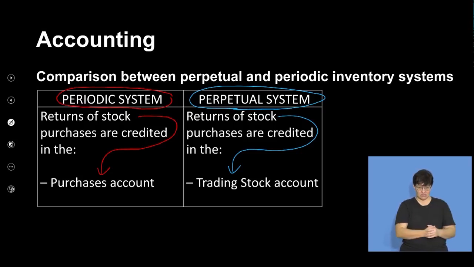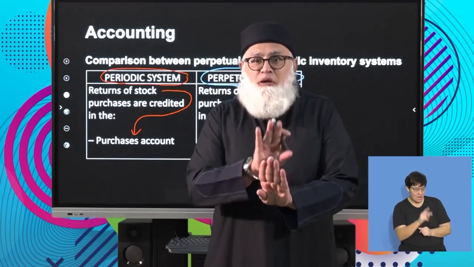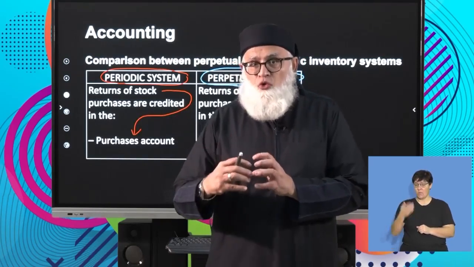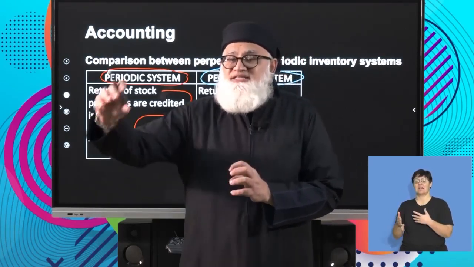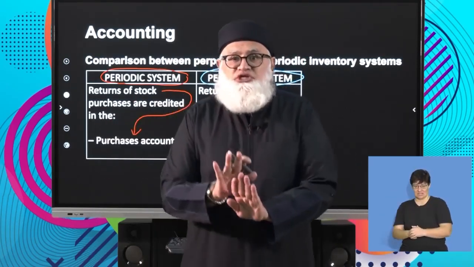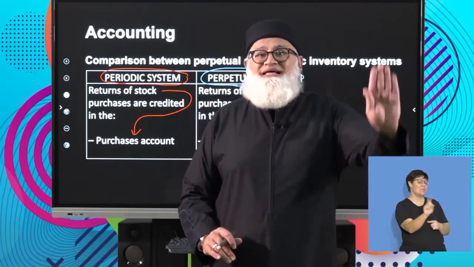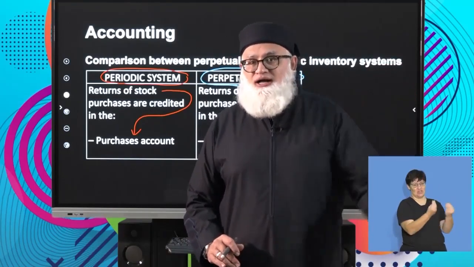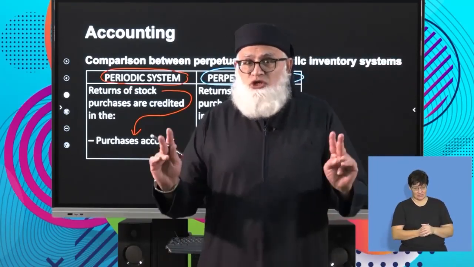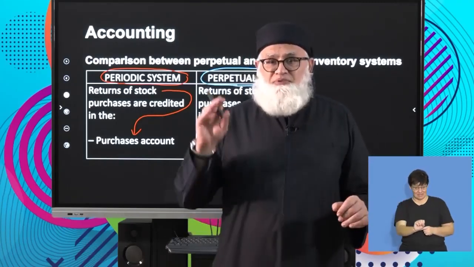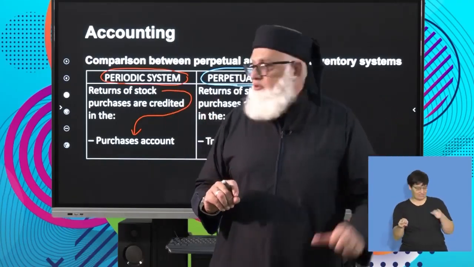Once again, accounting boffins out there, the moment you see periodic, you should know you're dealing with the purchases account. The moment you see perpetual inventory, you should know that you are dealing with the trading stock account. Okay, so those are two very important considerations when we're looking at periodic and perpetual.